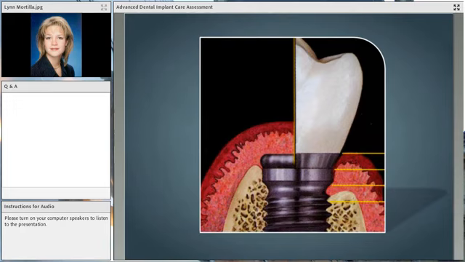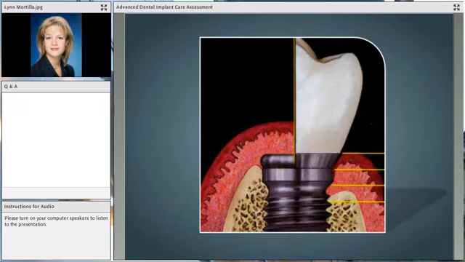Let's take a look here at pre-restoration and post-restoration. And what I really want you to look at is the crestal bone. We know that after an implant is put into function, we can see changes to that very top crestal bone area. We normally, and it is acceptable, see 1 millimeter of bone loss at the crest 1 year post-function of a restoration placed on an implant.